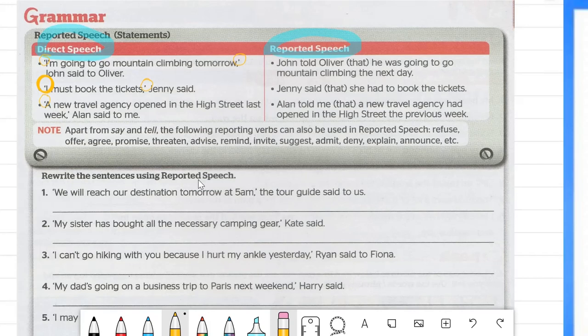Here you have quotation marks. In direct speech, you have quotation marks, and then you have a comma after the speech sentence. And then, if you notice, this direct speech is in present tense.